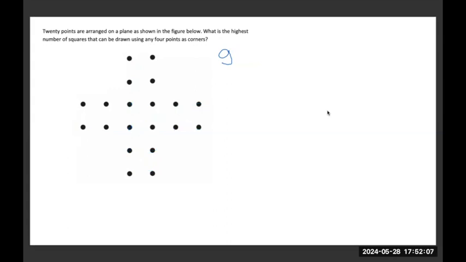After this, we are going to draw the squares which combine into bigger squares like this. So 9 plus 4.